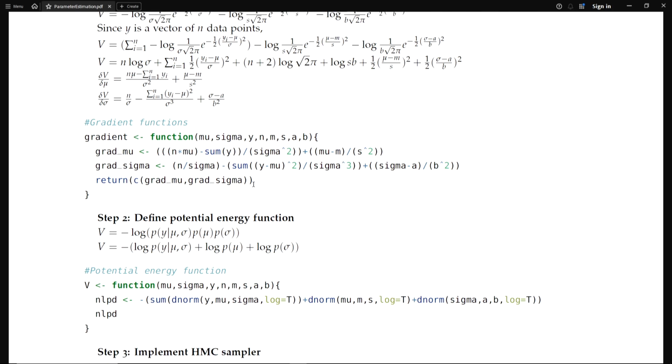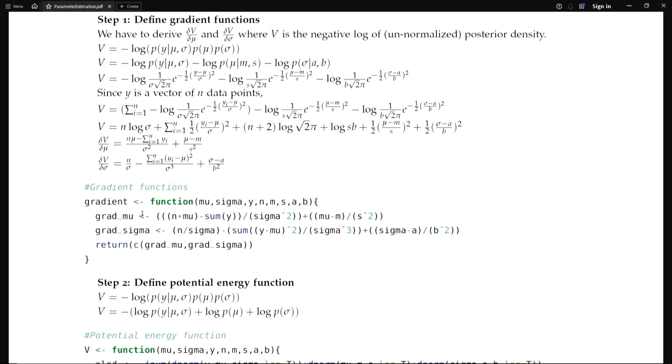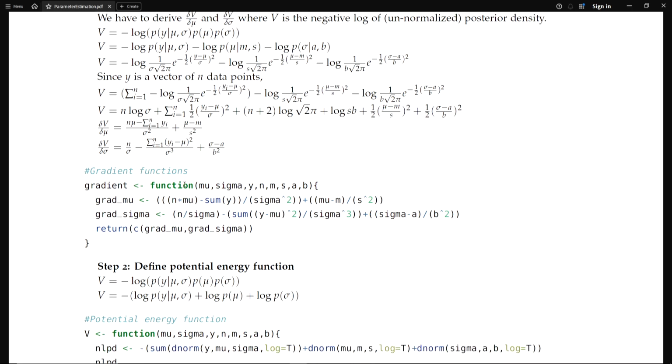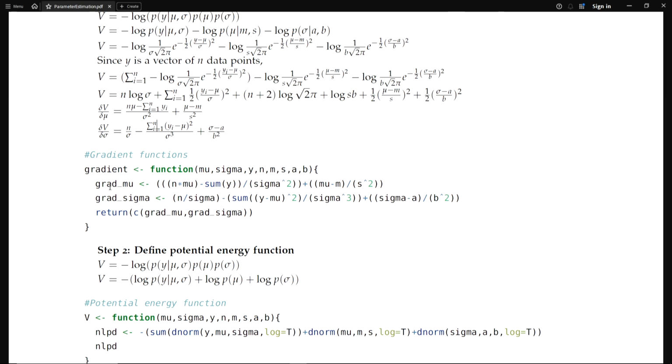Now I am encoding these functions in R. This is the gradient function which gives you the gradient for mu and the gradient for sigma: the differentiation of potential energy with respect to mu and with respect to sigma, and I return these gradients.